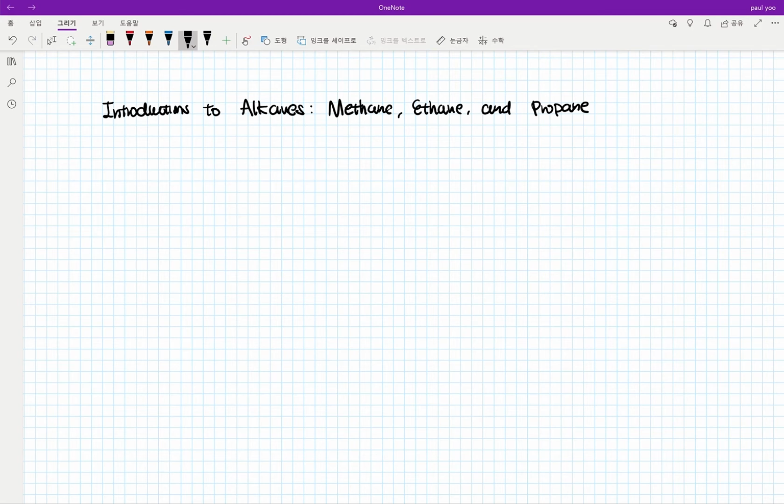Introduction to alkanes: methane, ethane, and propane. Alkanes have the molecular formula CnH2n+2.